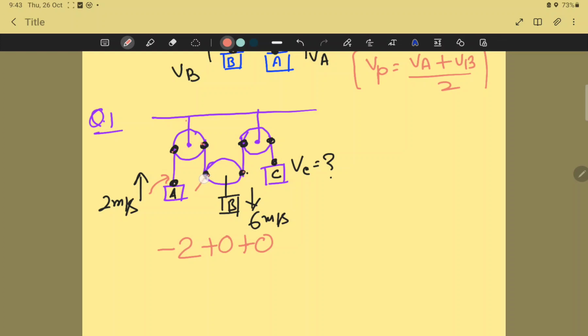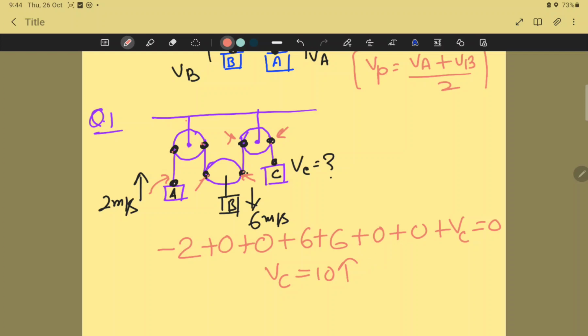Then we are approaching these 2 points, A and actually B. So both points will be moving with velocity 6 and 6. Then once again these two will be 0 and 0, and once it reaches the next point, let's say Vc, we are not sure whether Vc is moving downward or upward, we can say plus Vc equal to 0. So after calculating we get Vc is equal to 10, that is moving in the upward direction.